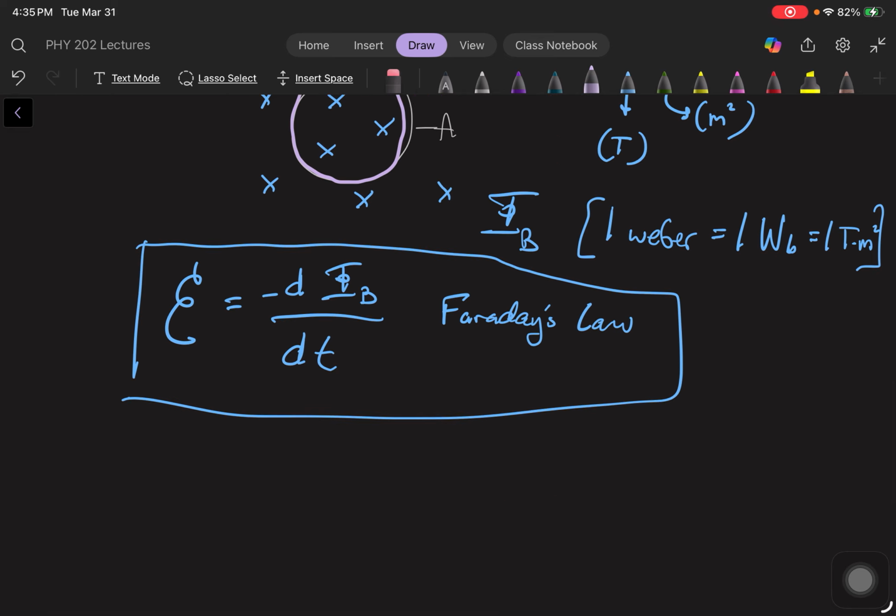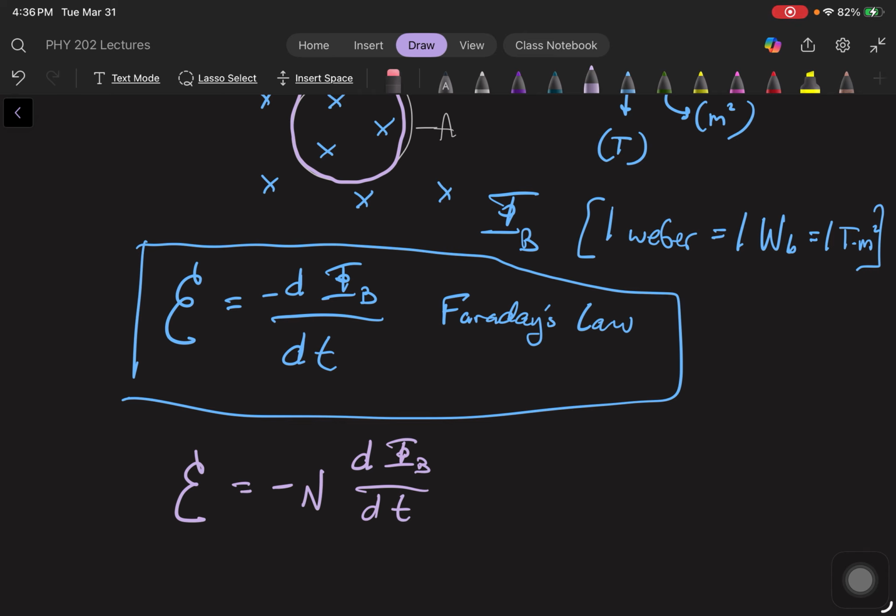And so what we can do is we can say the EMF we generate is equal to N, negative, we'll get into the negative sign in a bit, times d phi dt.